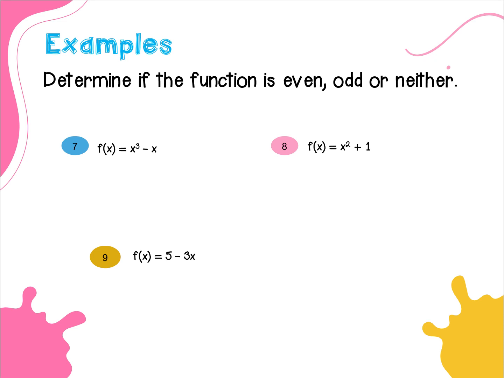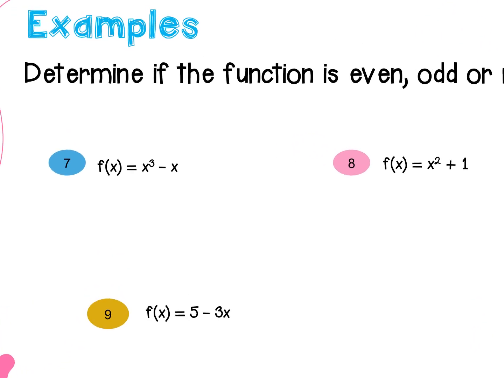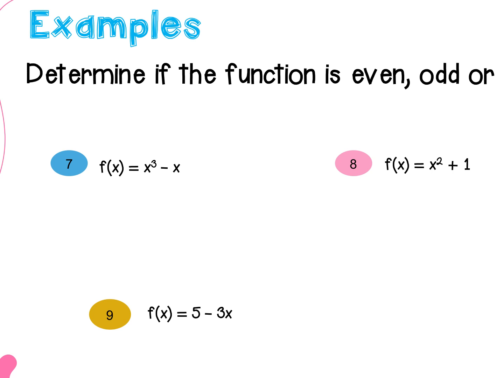So if I come over to here, it says determine if the function is even, odd, or neither, and we'll talk about what we do. Remember that if we want to know if it's even, we're going to replace x with negative x. So we come over to here and we're like, okay, the opposite of x cubed minus the opposite of x, replacing all the x's with negative x.